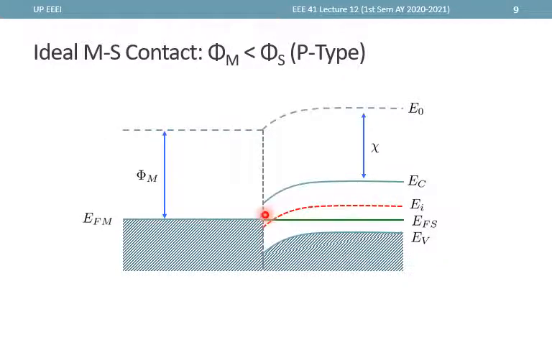So after the bending, again, the p-type semiconductor should be bending upwards under this example. And so what now is the barrier height? Now, again, the barrier height is defined for majority carriers, and this time the majority carriers are holes. So if I have a hole right here, it will see a barrier that is equal to this height.